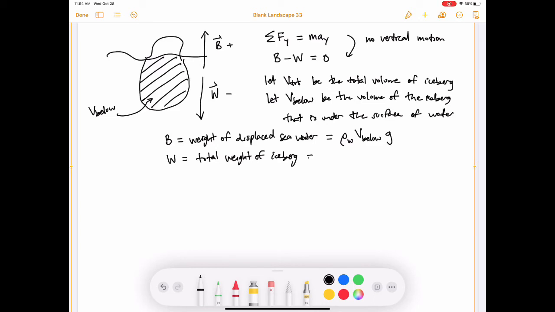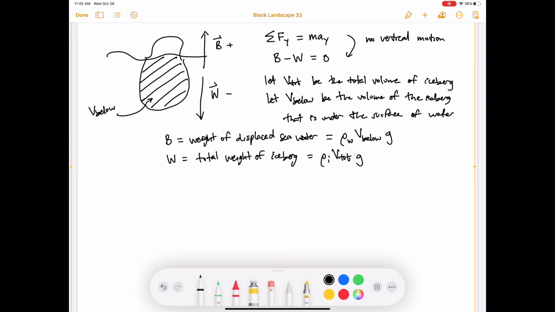So to write this out, we would have the density of the iceberg, rho I, and of course it's the total volume that matters here. If I take the density of the iceberg times the total volume, that's the mass of the iceberg, and if I multiply that by g, I get the weight.